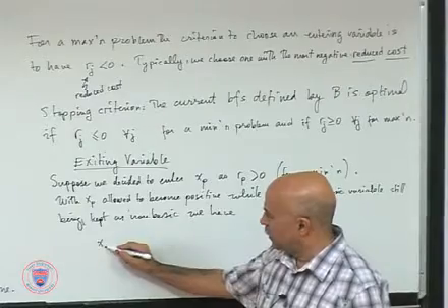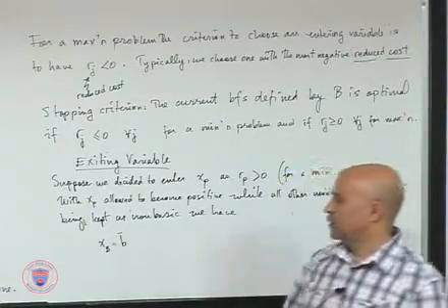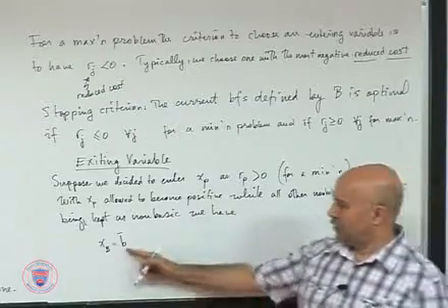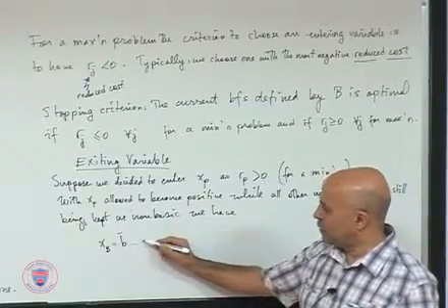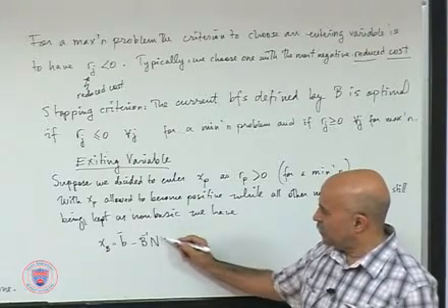What was xB? It was equal to the current vector b bar minus B inverse N times xN.